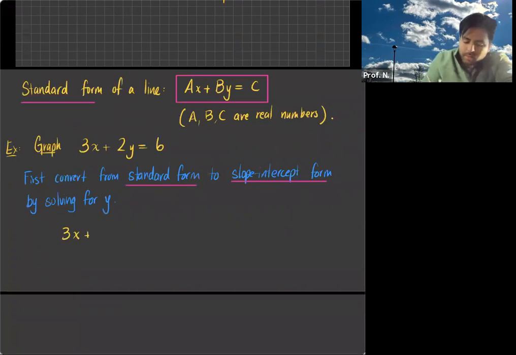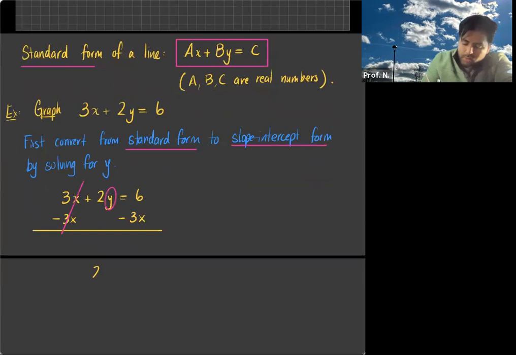So 3x plus 2y equals 6. I want to get y by itself. So this is my objective. The problem right now is that I have this 3x in front. So I have to subtract 3x on both sides. When I subtract 3x on both sides, the 3x's cancel, and I'm left with 2y on the left side.